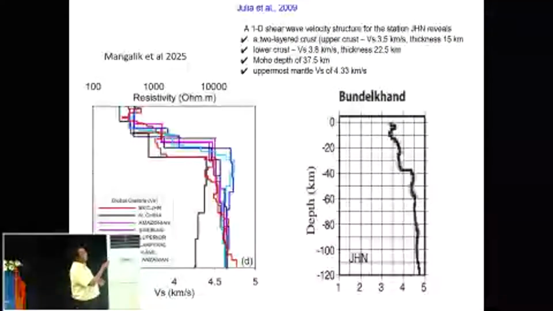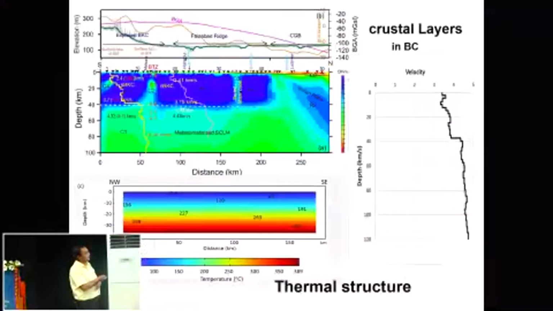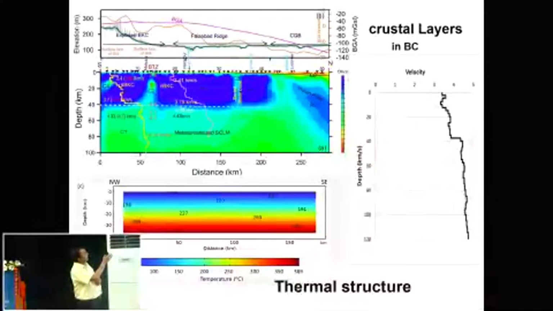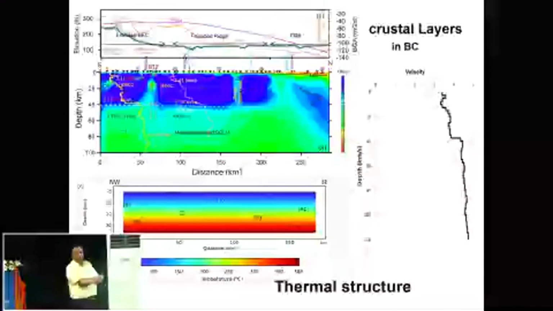You can see the layer structure within the Bundelkhand Craton. This is the model. In both, the thermal structure model and the seismic profile model, we are getting anomalies near the Bundelkhand tectonic zone. We are getting some discontinuity there.